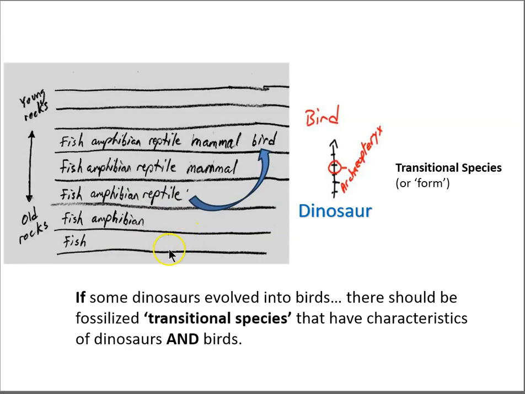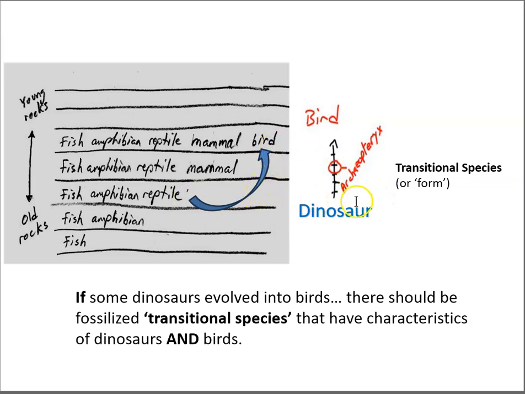Now, this idea that new classes of vertebrates came into existence makes a very, very important prediction. If some dinosaurs evolved into birds, there should be fossilized transitional species that have characteristics of dinosaurs and birds. And so today, biologists argue that some of the earliest reptiles evolved into dinosaurs, and it was some dinosaurs that evolved into birds.